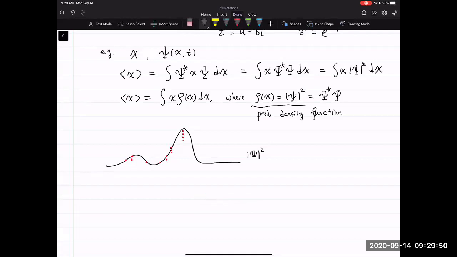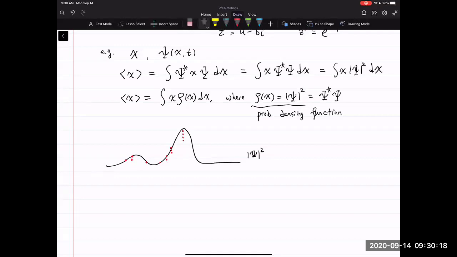So in the end, quantum mechanics doesn't tell us where exactly the particle is with one measurement. But the wave function tells us the probability of finding the particle at a certain location x. So the meaning of the wave function lies in its square: psi squared gives us the probability density.